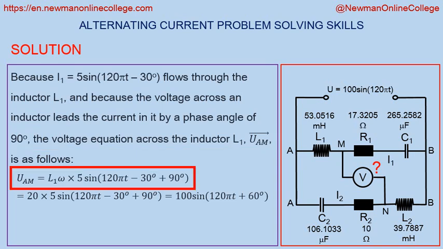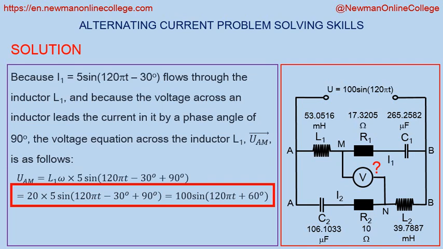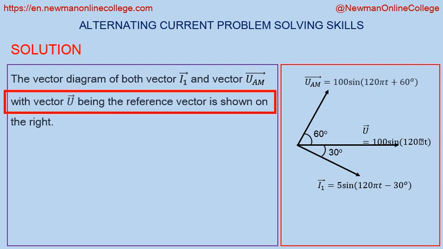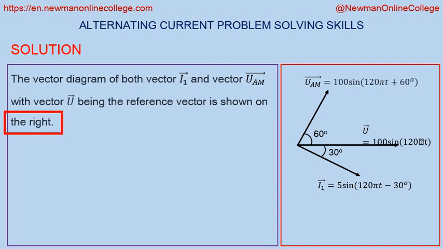U_AM equals L1ω times 5 sin(120πt minus 30 degrees plus 90 degrees), which equals 20 times 5 sin(120πt minus 30 degrees plus 90 degrees), which equals 100 sin(120πt plus 60 degrees). The vector diagram of both vector I1 and vector U_AM, with vector U being the reference vector, is shown on the right.